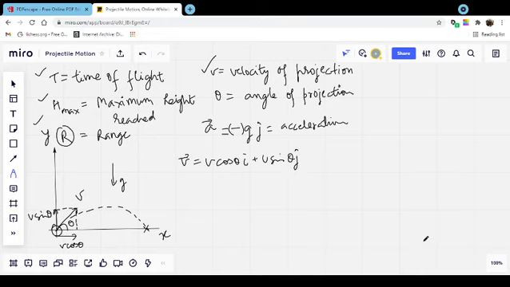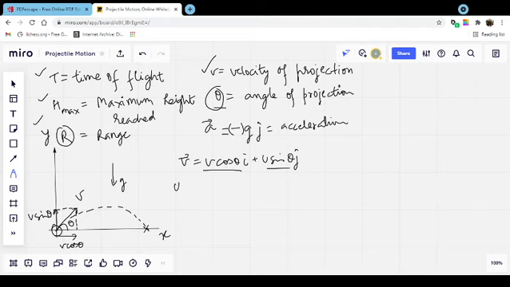So this is the initial velocity. That should be very simple for us to understand. If we know the velocity of the body as it is projected and the angle at which it is projected, then we are comfortable writing what is v cos theta, what is v sin theta, writing the velocity vector, and we understand what is happening.